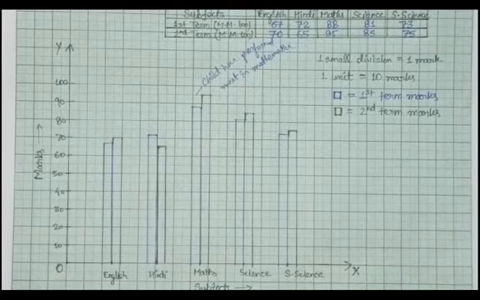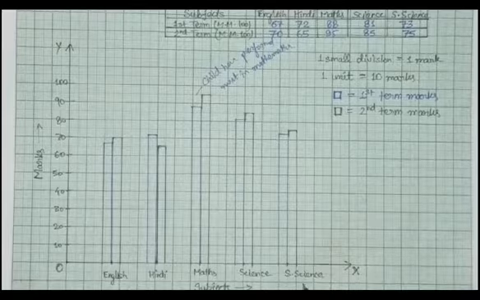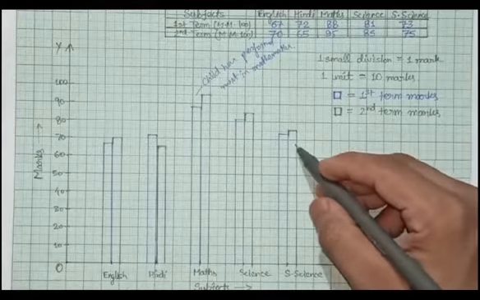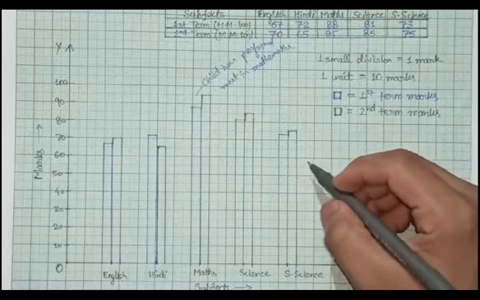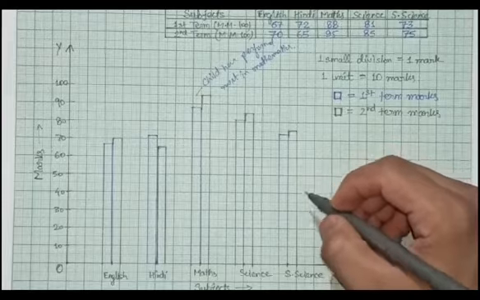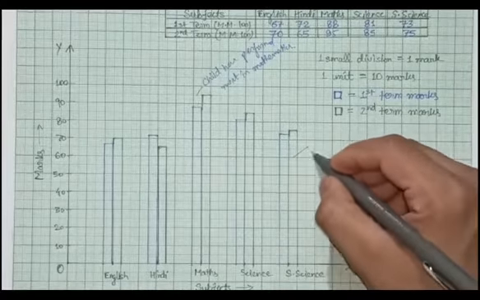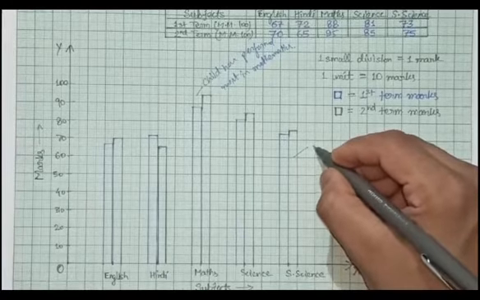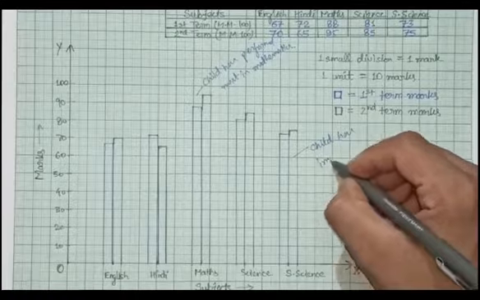So when you observe carefully, then you find that in the subject social science, the difference in height of these two bars is minimum. So we can say that the student has improved least in the subject social science. So our answer is social science. That is, in social science, the child has improved least.